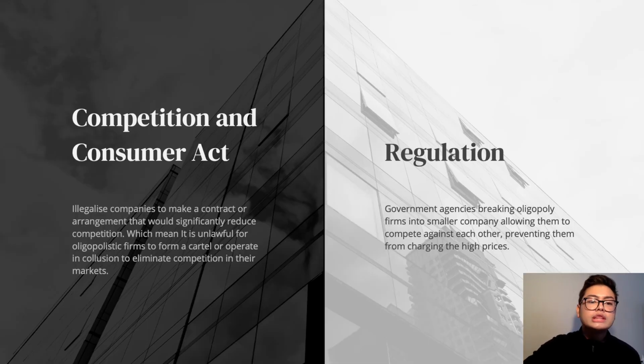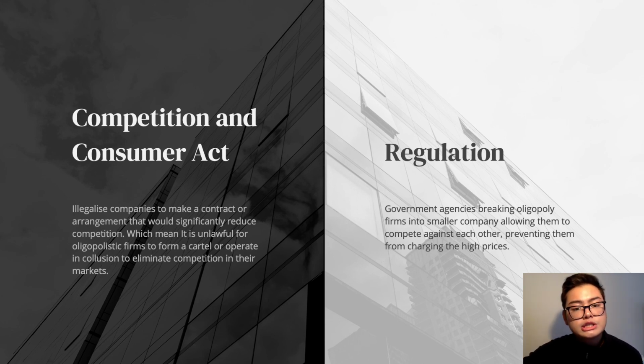With the Competition and Consumer Act, it is unlawful for companies to make an arrangement to significantly reduce their competition, which means it's unlawful for them to form a cartel and operate in collusion to eliminate competition in their market.